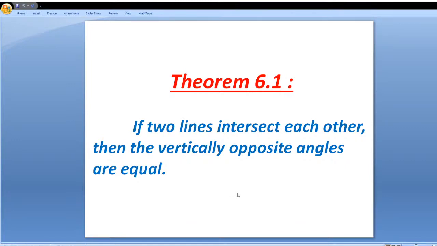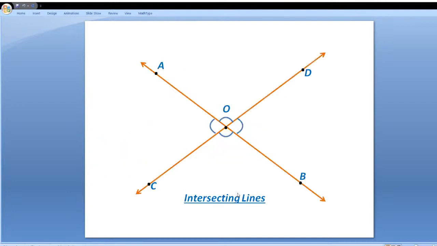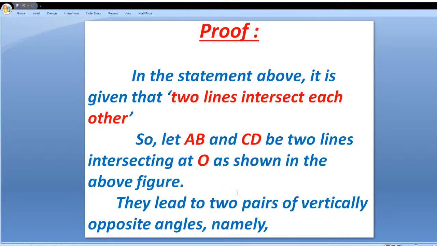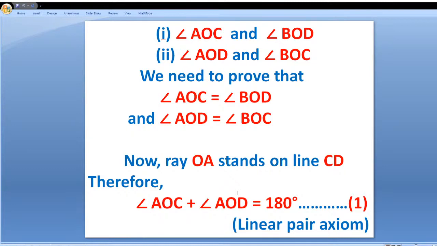See here, we have already proved this theorem: if two lines intersect each other, then the vertically opposite angles are equal. These two lines AB and CD intersect at the point O. Now the proof we have already completed. In the statement above it is given that two lines intersect each other. So let AB and CD be two lines intersecting at O as shown in the figure. They lead to two pairs of vertically opposite angles, namely AOC and BOD, and AOD and BOC.